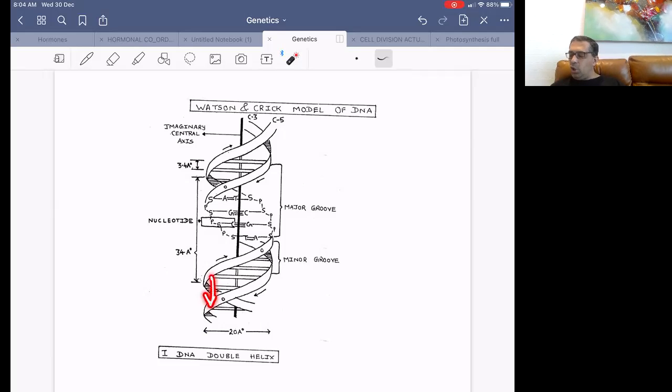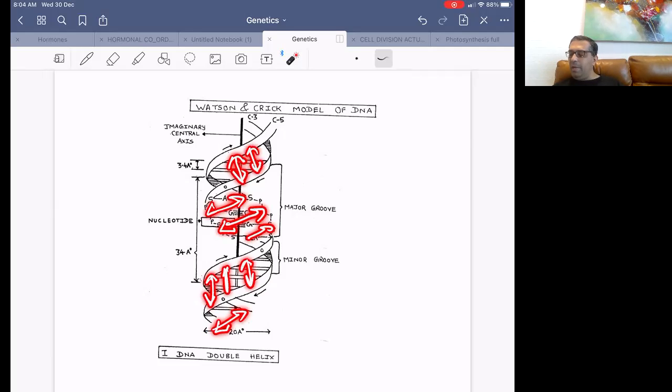This space is called minor groove. So space between two strands is called minor groove.